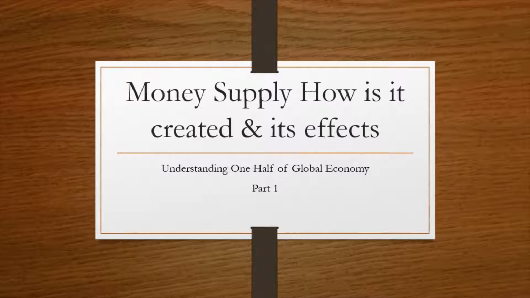So money is one half of the transaction, and hence understanding the dynamics of money supply, how it is created, what it affects, who are the players controlling this, would make you understand one half of the global economy.